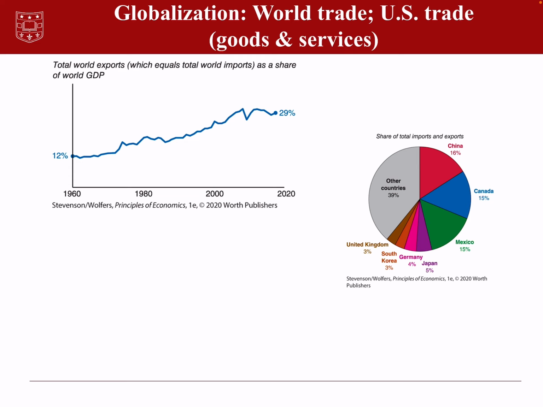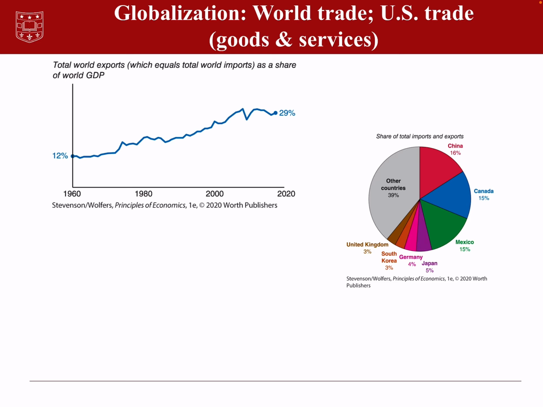The U.S., of course, has experienced globalization. The U.S. trades with almost all countries in the world, and you can see from this picture the relative proportions. Again, let me say as loudly as I can, I'm not going to ask you on a quiz what proportion of trade the US does with China, or about these numbers, 12% to 29%.